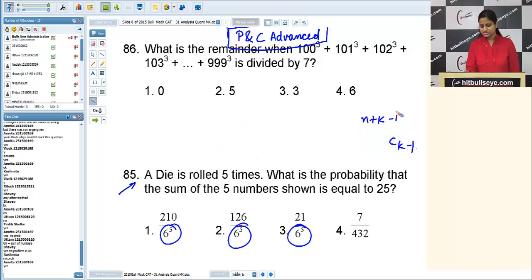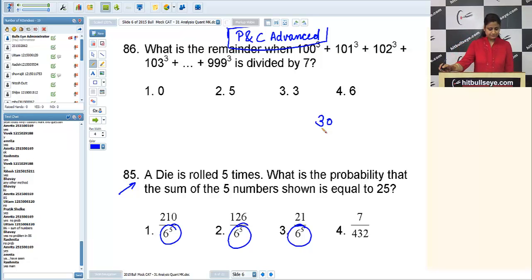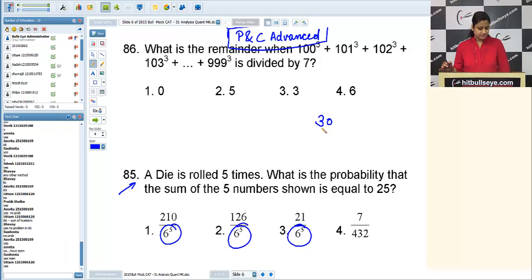So we will go by the reverse approach. See, the maximum outcome a die can take is 6. So if we are getting a 6 on every die, the sum will be 30. 6 into 5. Are you getting me or not? Okay. If the result on every die is 6, the total should be 30, but we need 25. If we need 25, I have to drop a 5, a total of 5 from the total of 30.